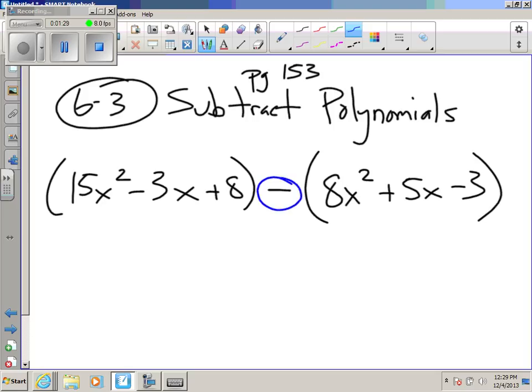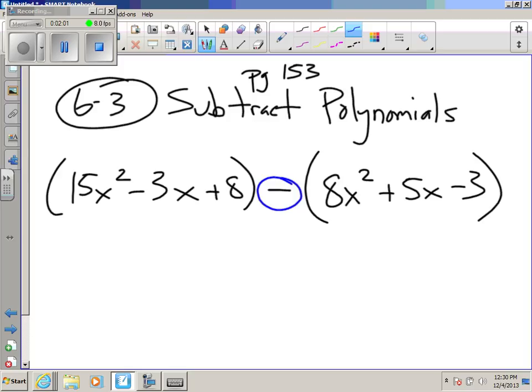So instead of subtracting, we can add the additive inverse and have it mean the same thing. Adding a negative is the same as subtracting. Sometimes it'll be a negative, sometimes a positive.